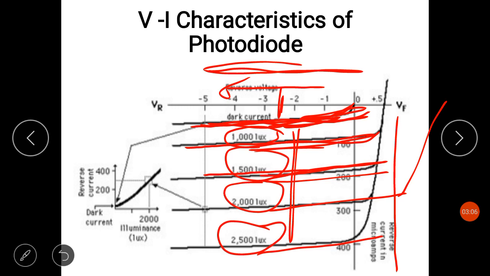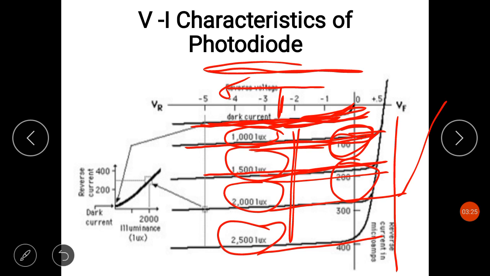We can see that at illumination of 1000 lux, the reverse current is 100 microamperes. At illumination of 1500 lux, the reverse current is 200 microamperes.